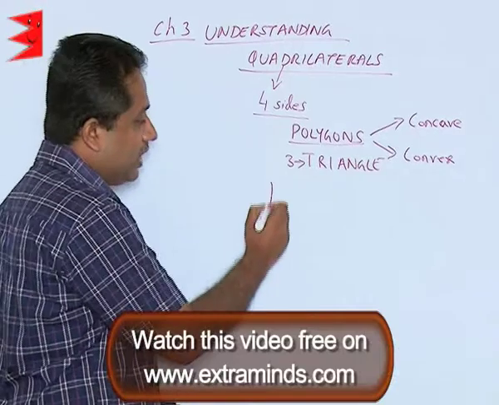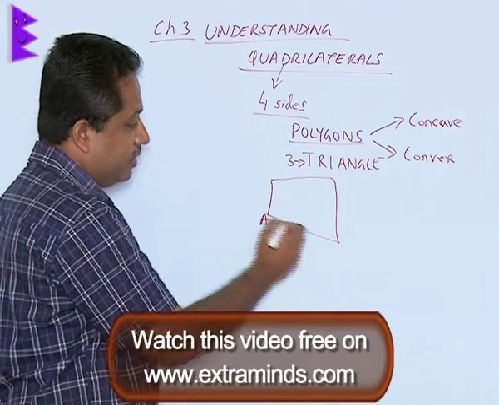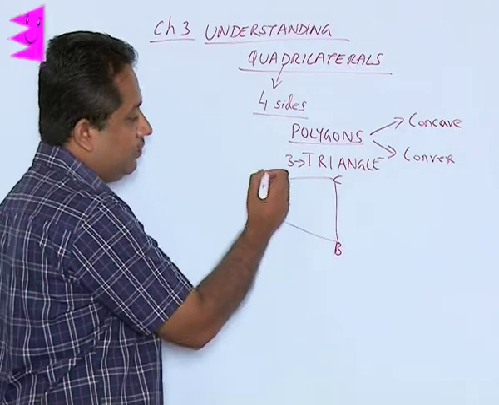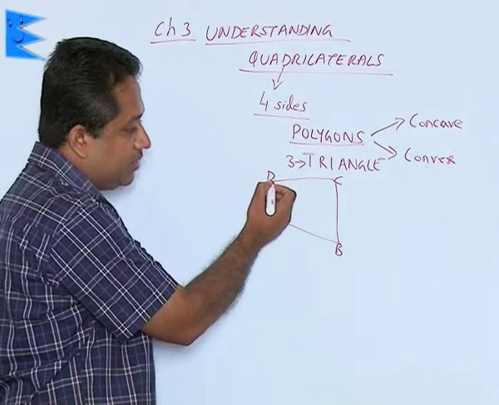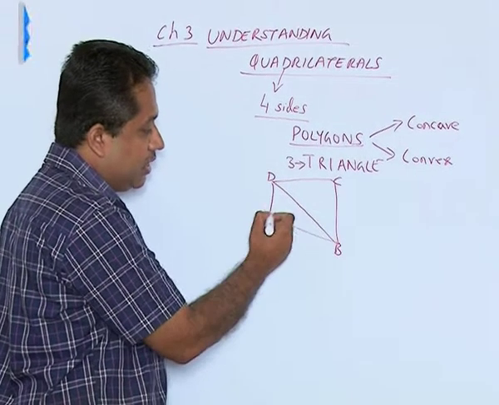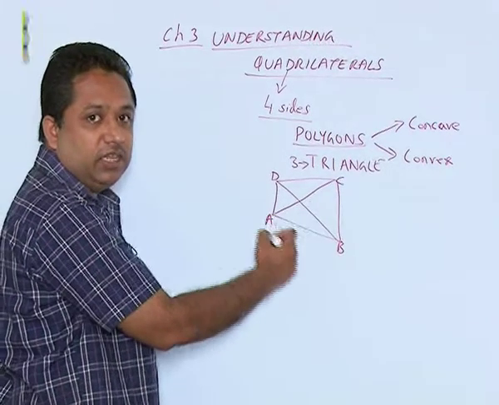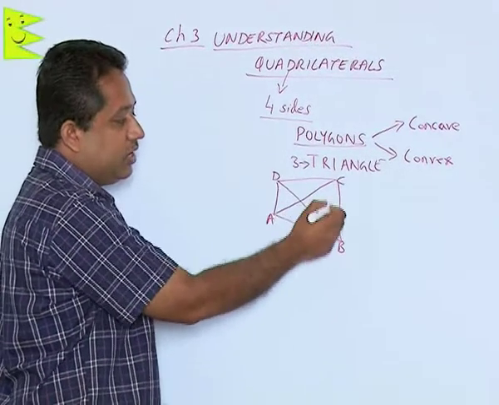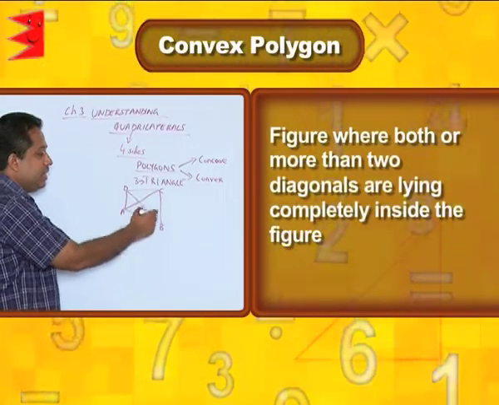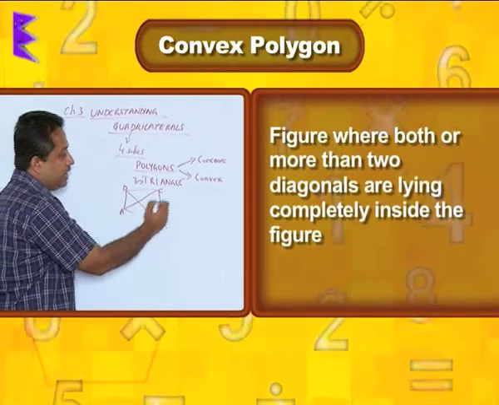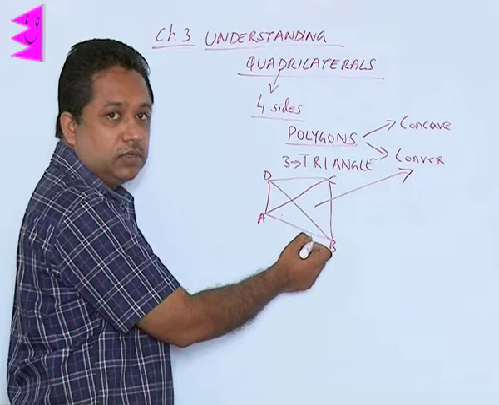So, if you have a figure like this, a random quadrilateral, it is a 4-sided figure, name it as ABCD, and if we are going to draw the diagonals of this, that means join D to B and A to C, we find that both the diagonals are lying within the figure. So, such type of figures where both or more than 2 diagonals are lying completely inside the figure is known as a convex polygon. So, this is an example of a convex polygon.